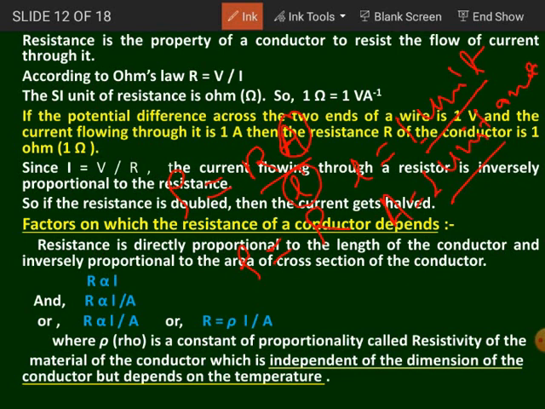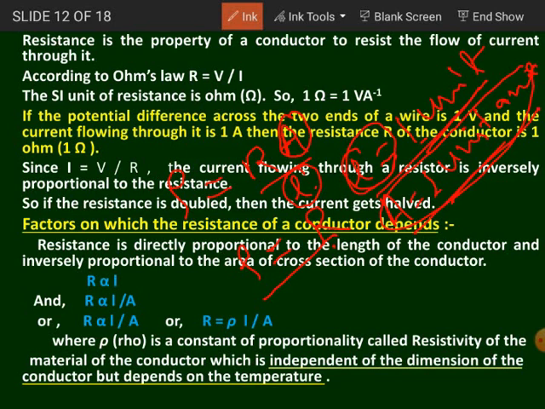So your resistivity may be defined as what? The resistance offered by a conductor of unit length having unit cross-sectional area. That resistance is known as resistivity.